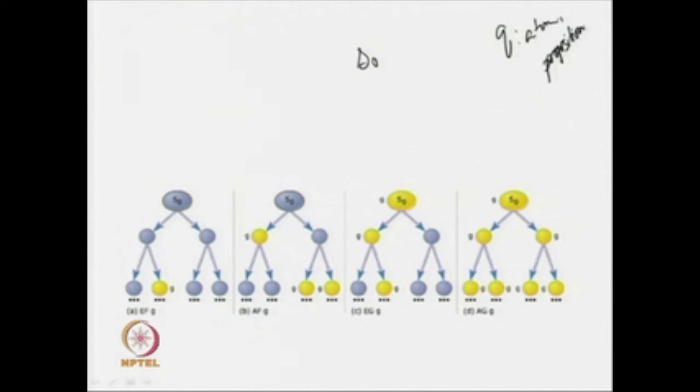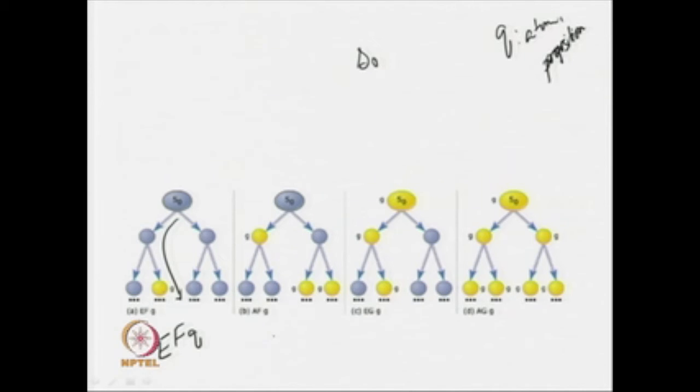Now, in the first tree, we look for: there exists a path in the future where Q holds. Wherever Q is true, we have colored it yellow. So, we will find at least one path where in future Q is true.